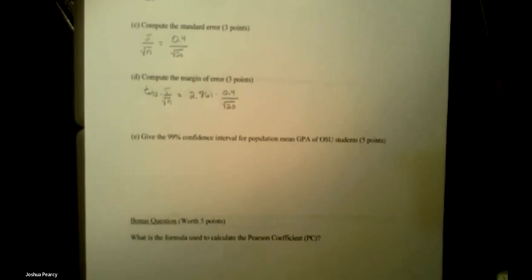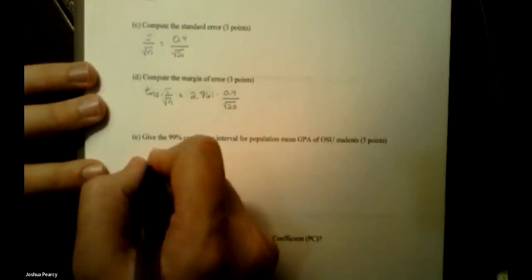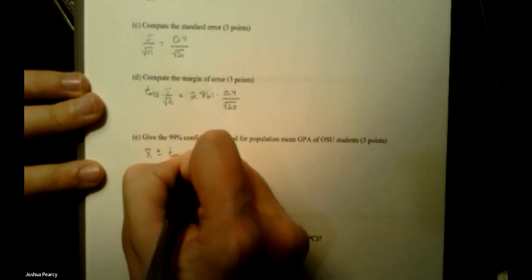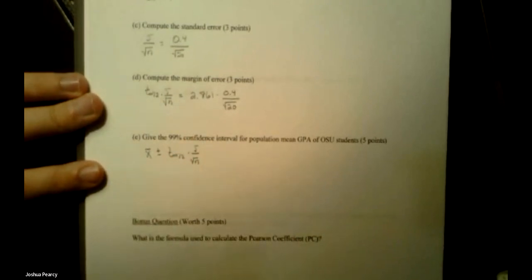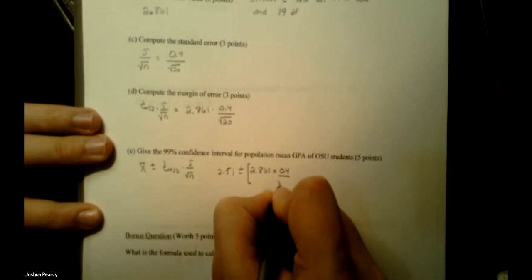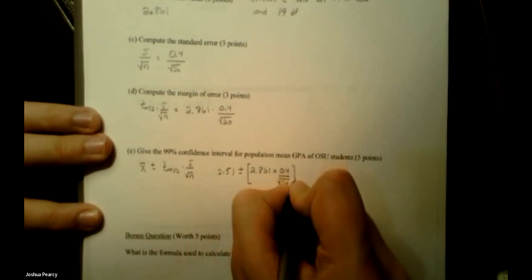Then the last part, give the 99% confidence interval. That just means you take the sample mean X bar and you add and subtract the margin of error, T alpha over 2 times S over the square root of N. So you're just taking the answer from part A and adding and subtracting the answer from part D. And that will give you 2.51 plus or minus 2.861 times 0.4 divided by the square root of 20.